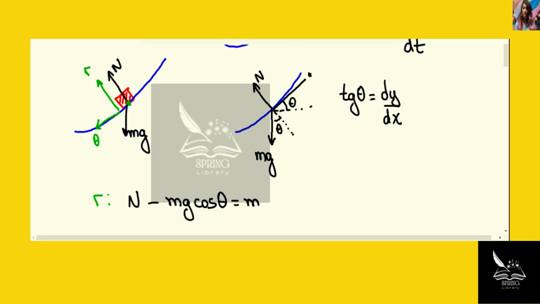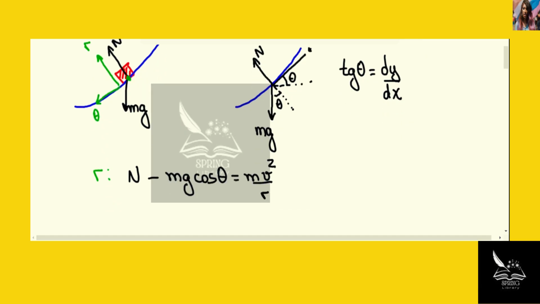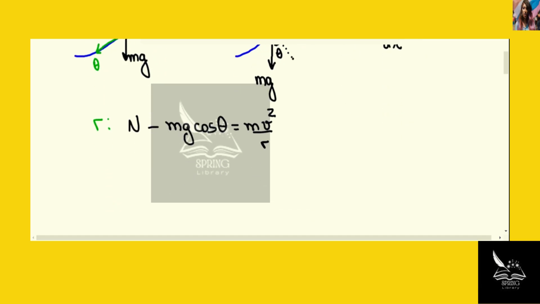Now notice that the acceleration in the r direction is the centripetal acceleration. So this is v squared divided by r. Also, in the theta direction, we have mg sine theta, and this is equal to the mass times the tangential acceleration.